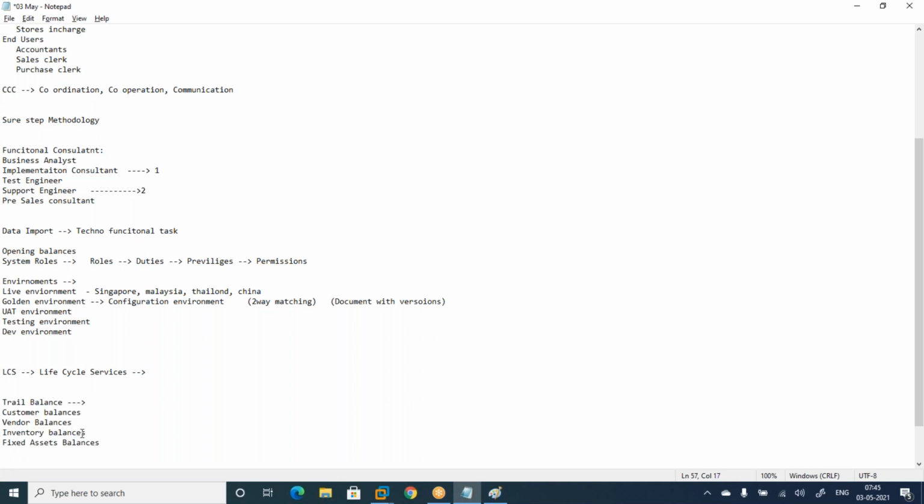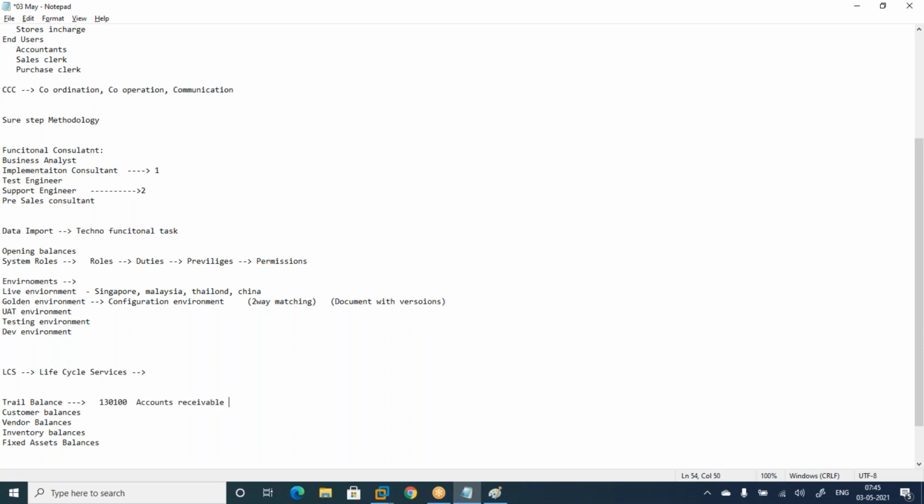Whenever I'm collecting the trial balance, I will get the accounts receivable balance, say 210, 200, like 130, accounts receivable domestic.